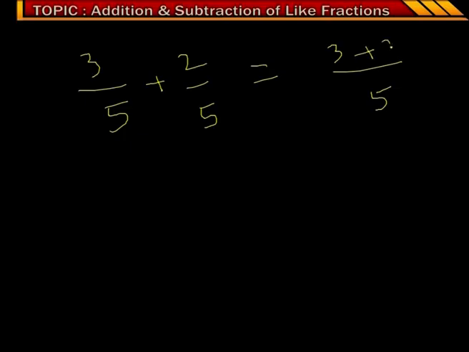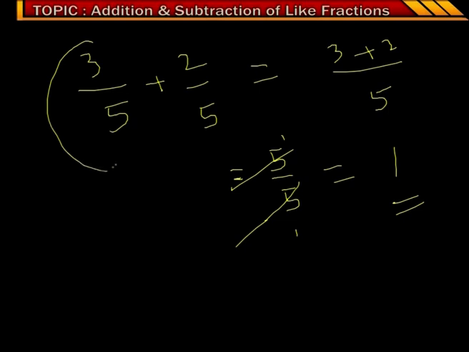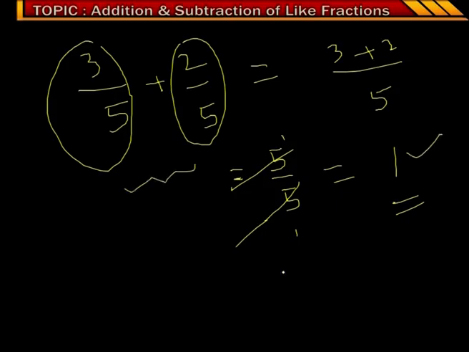That gives 5 by 5. What is the meaning of 5 by 5? 5 ones are 5. So we will get one whole object. 3 by 5 part of a whole object, 2 by 5 part of the whole object. When we add both parts, we get one whole object.